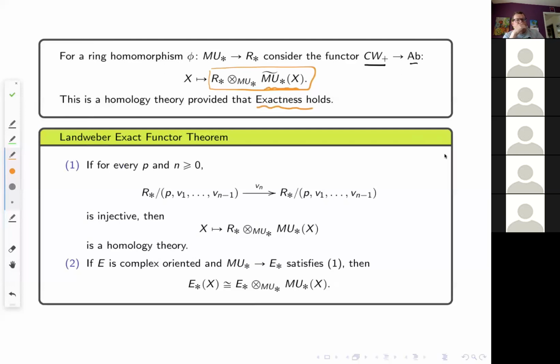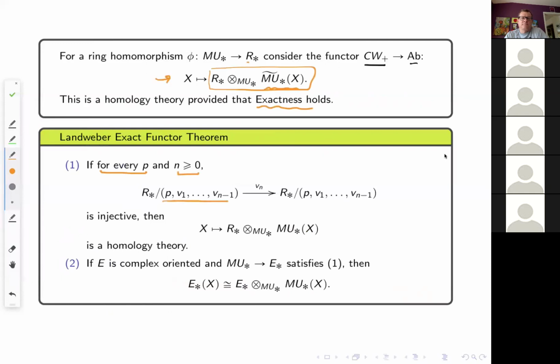And that's the Landweber exact functor theorem. There's a weaker condition that will guarantee that this is a homology theory, and it goes as follows. You want that for every prime and every integer n, if you take R star and mod out by this ideal, then v_n is an element in the ring R star. I mean, these are MU star modules, so it's the action of v_n on R star.